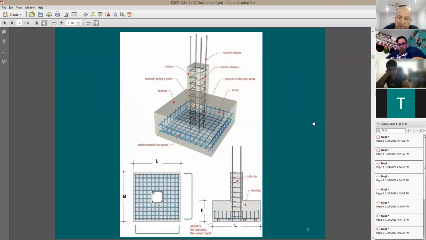Now, once you apply the load on the footing, what's going to happen? You have some column reinforcing, you have some ties. The load is going to be coming in the vertical direction like this, and here's a pad. Look what happened, if I may go to the next slide.